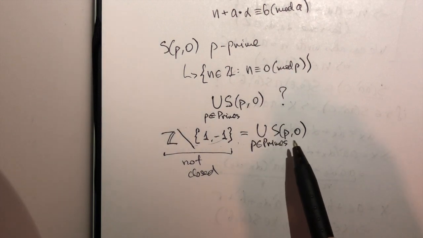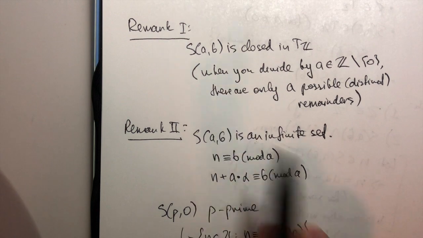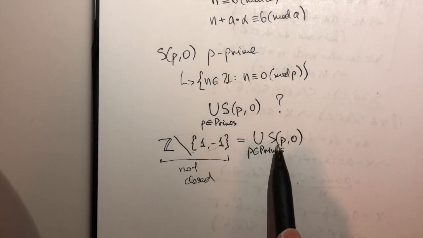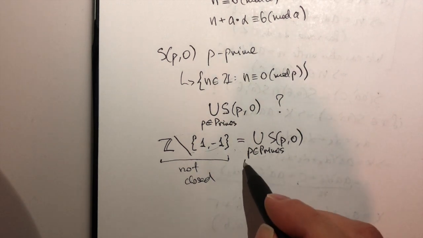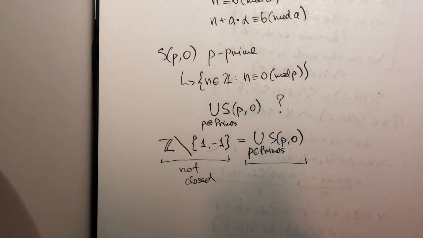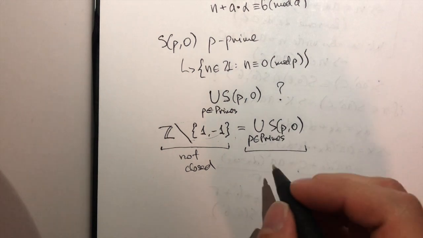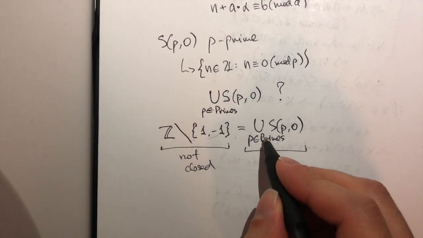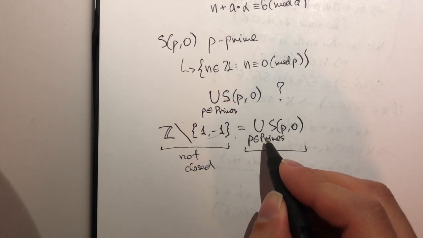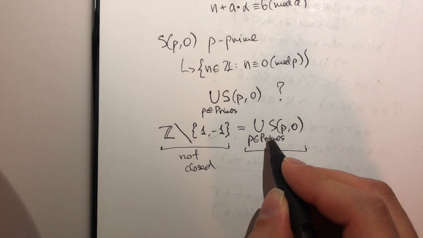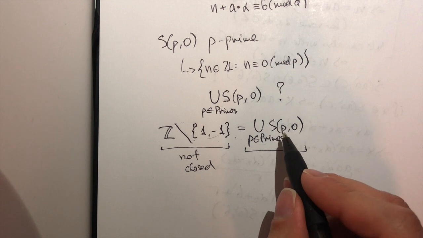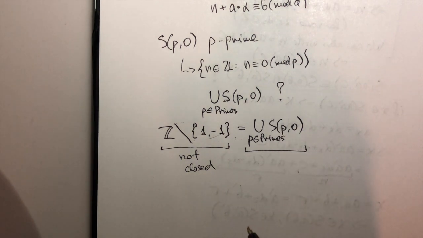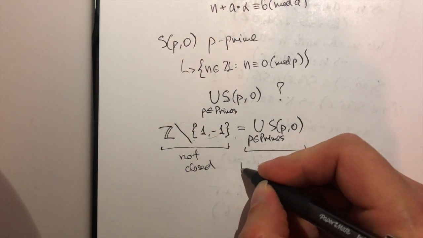But what do we have on the right-hand side? By the first remark, every set in this union is closed. And as you can show by the properties of the topology, if this union is finite, then it must also be closed, because it is a union of closed sets. So let me write it down.